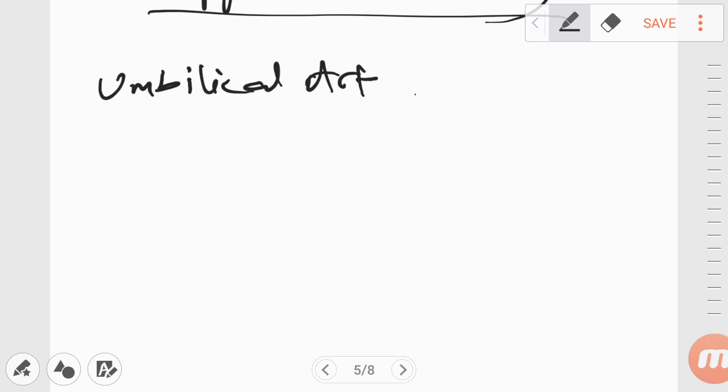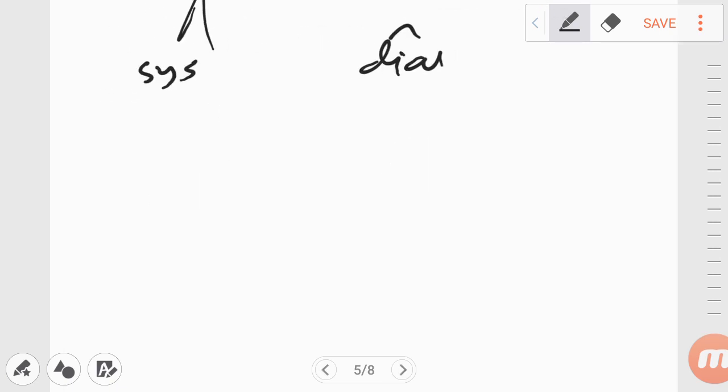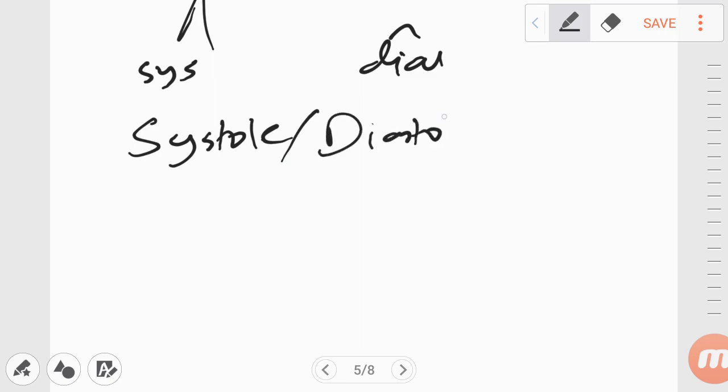Right, so we check the flow within this artery using Doppler, and the 2 values we take are number 1 systole and the other diastole. So systole and diastole, and what we do is we make a ratio called systole over diastole. Normally this ratio should be less than 2:1.